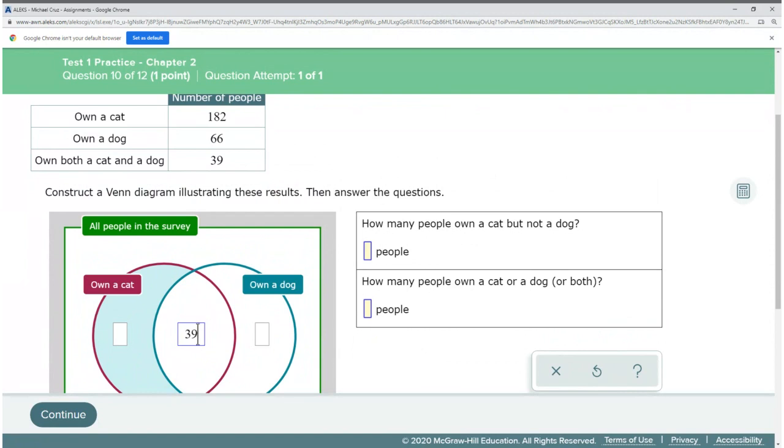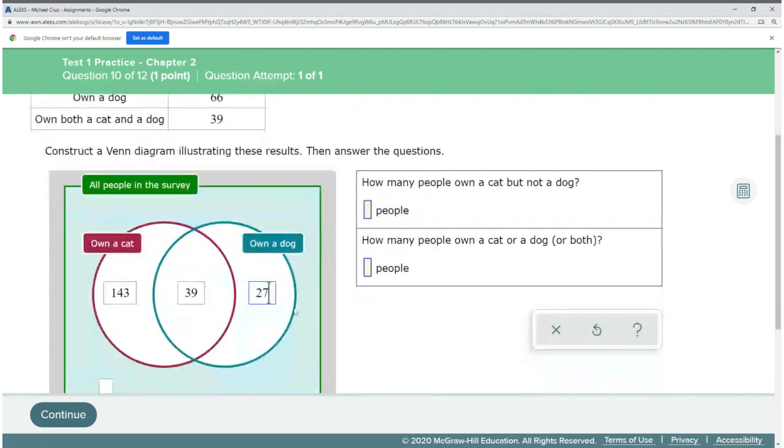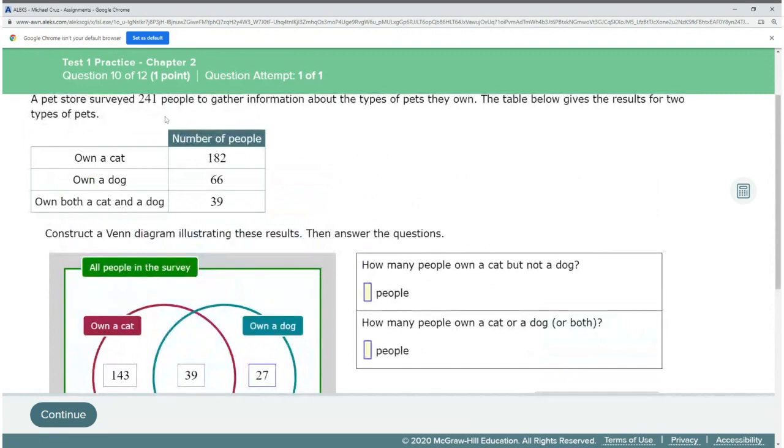Own a dog, 66 minus 39. Boy, there's that many cat people. And so there were 249, 241. So we got to subtract the total. So 32 out here.